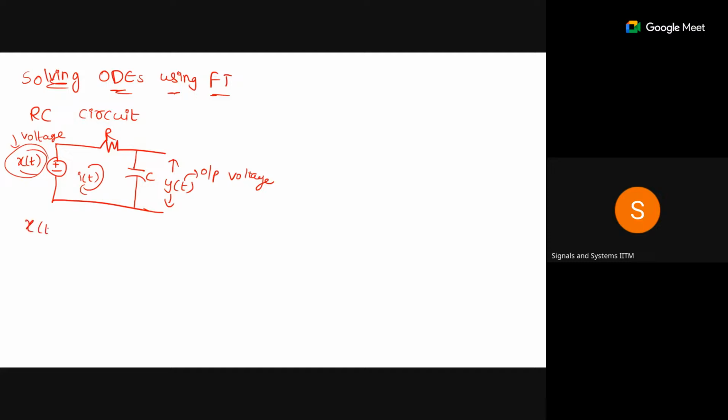So x of t can be represented as, since this current is flowing, the voltage across the resistor can be represented as R times i of t, plus 1 by C integral from minus infinity to infinity of i of t dt. Am I clear?